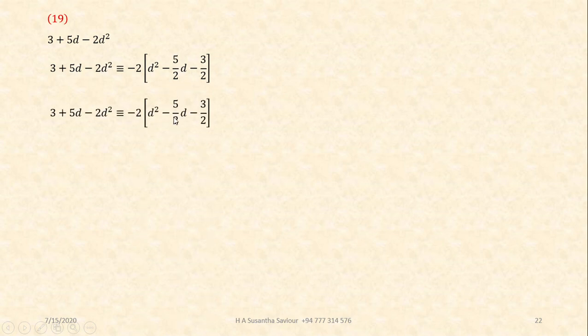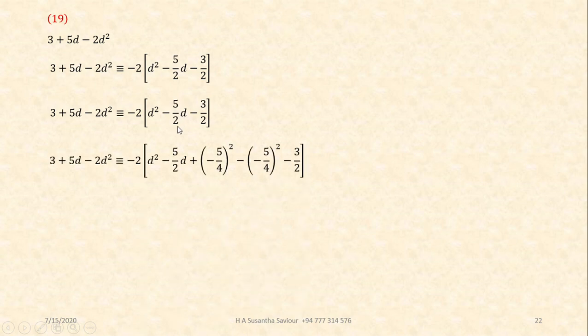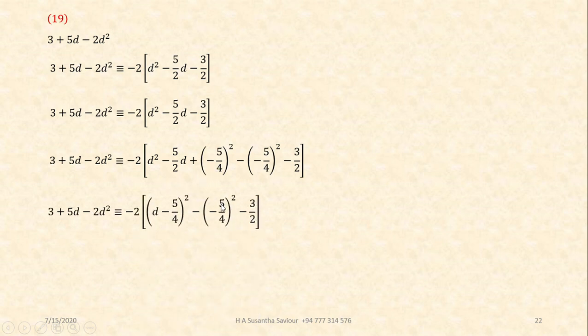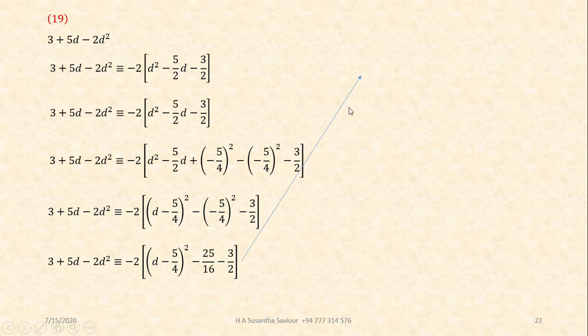Then half of this is 5 over 4. Right? 5 over 4 squared minus 5 over 4 squared. And then these 3 terms will be written as d minus 5 over 4, whole thing squared. This is 25 over 16, this is minus 3 over 2, and then this can be simplified as this.